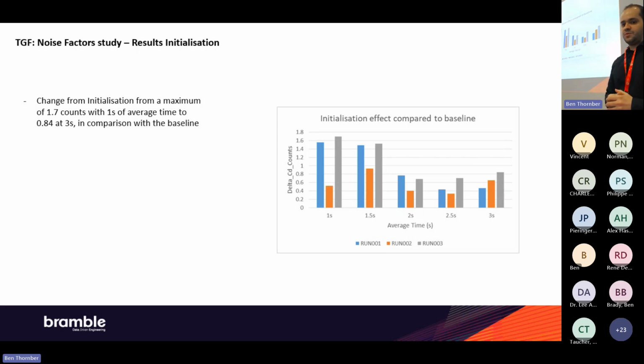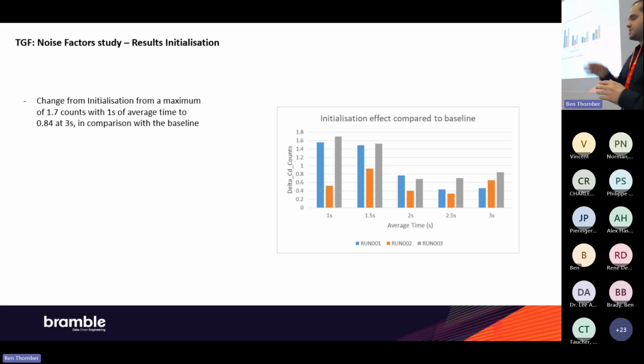And this was the comparison against the baseline. The baseline was our best practice, which is a constant time step from the start of the solution. We always initialize the solution first with 500 iterations, and then we start up the solve.